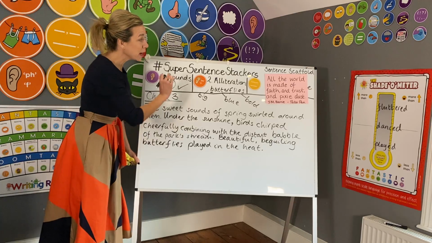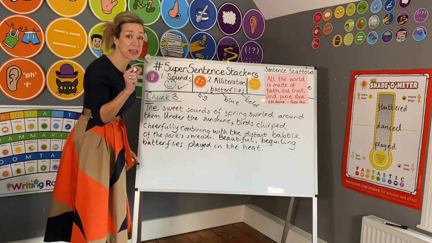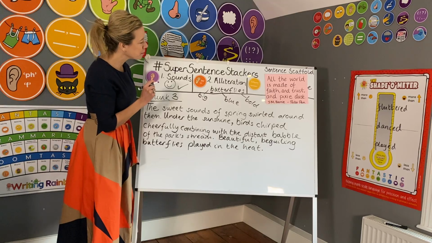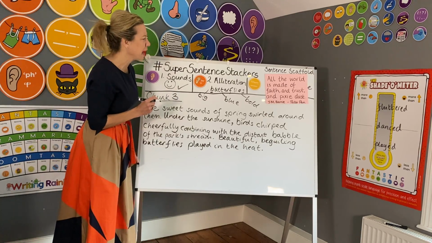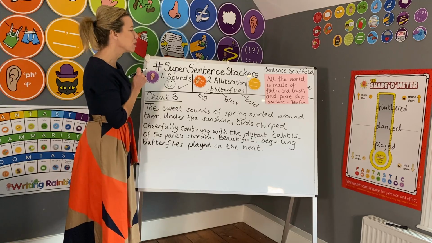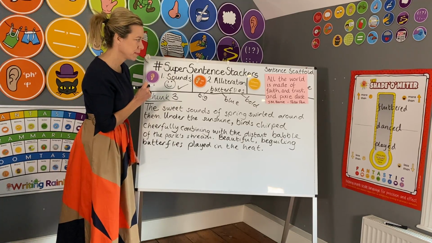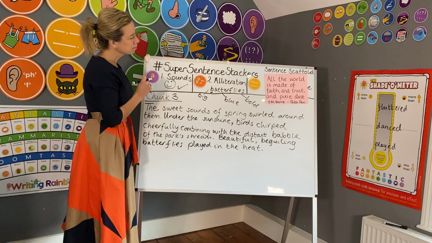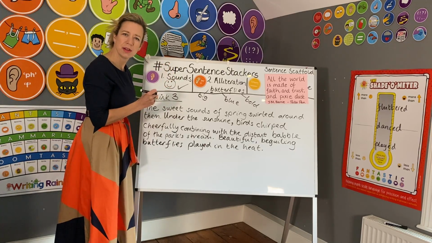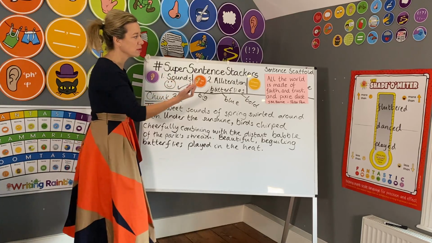Okay, we're now going to use the help of J.M. Barrie, and we're going to use his sentence scaffold to write our own. I'm going to read it again. All the world is made of faith and trust and pixie dust. Now, at the heart of that, there's some really good ideas that we can use here.